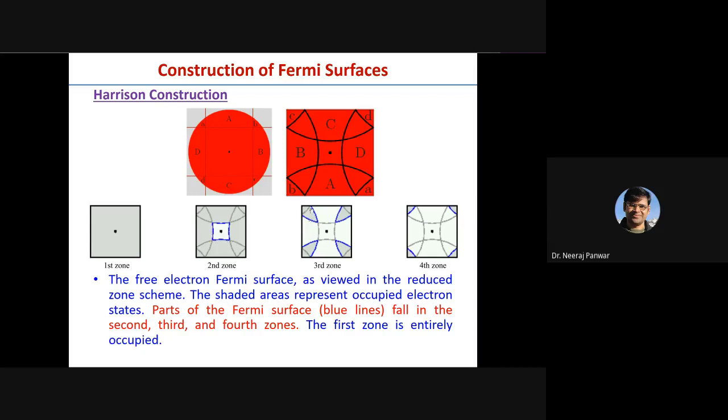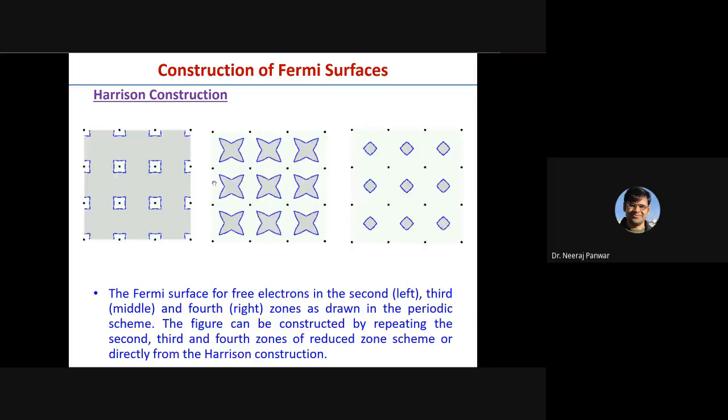Similarly, this blue line here will represent the boundary of the Fermi surface in the third Brillouin zone, fourth Brillouin zone, like this. So this is all the second Brillouin zone in the periodic scheme, third Brillouin zone in the periodic zone scheme, fourth Fermi surface in the periodic zone scheme.